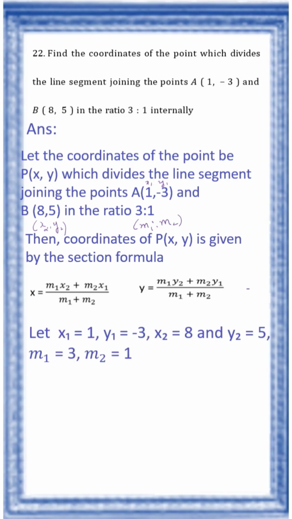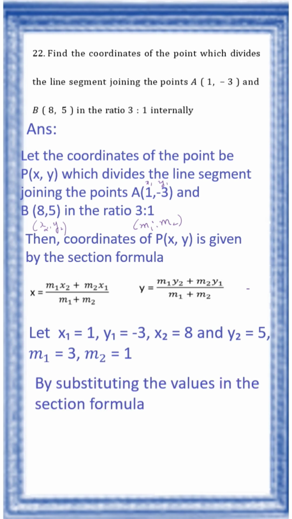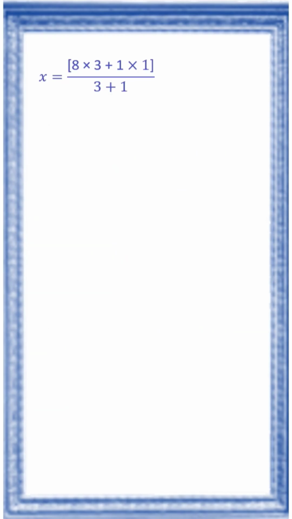Let x1 is equal to 1, y1 is equal to -3, x2 is 8, y2 is 5, m1 is 3, m2 is 1. By substituting the values in the section formula, x is equal to 8 into 3 plus 1 into 1 upon 3 plus 1. 8 into 3 is 24, 1 into 1 is 1, 3 plus 1 is 4.